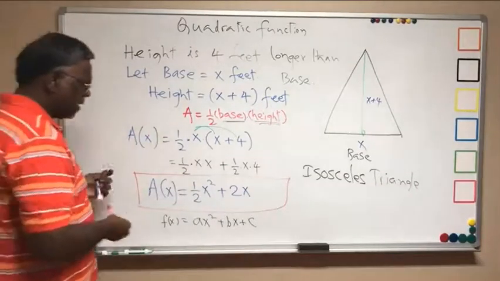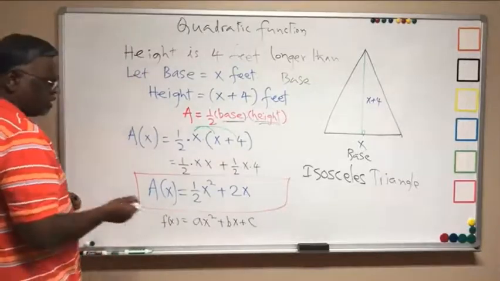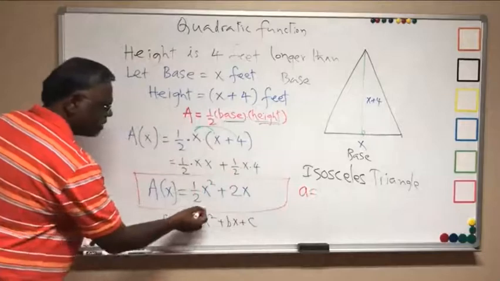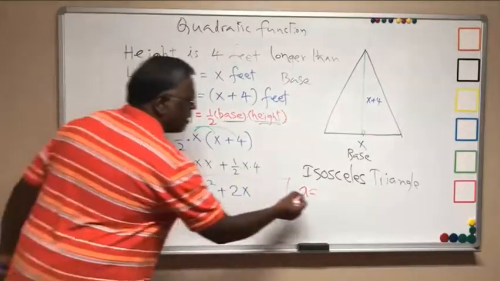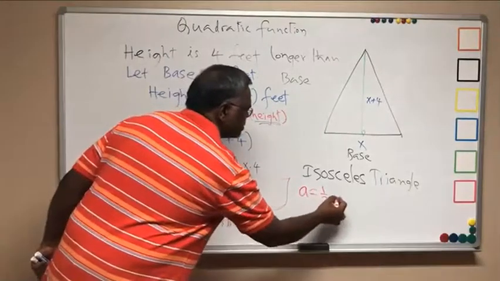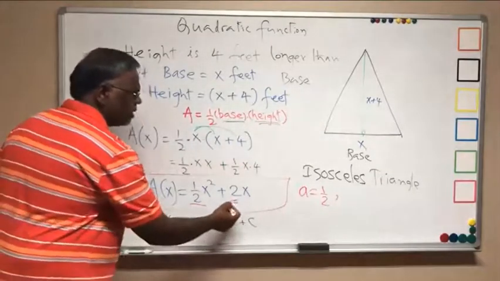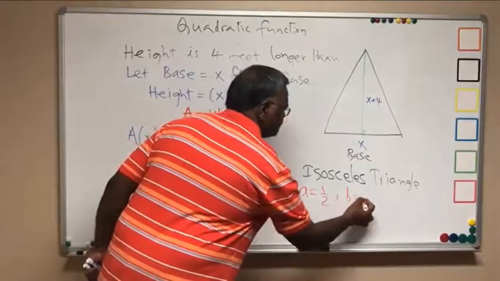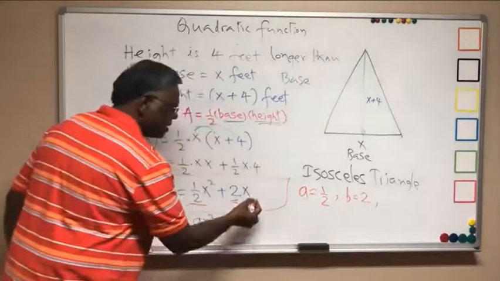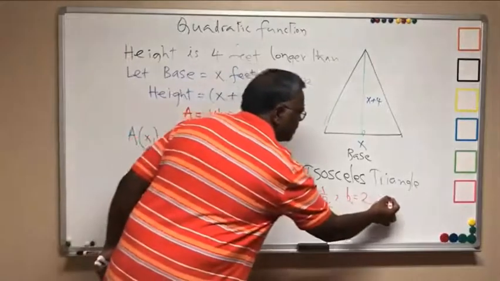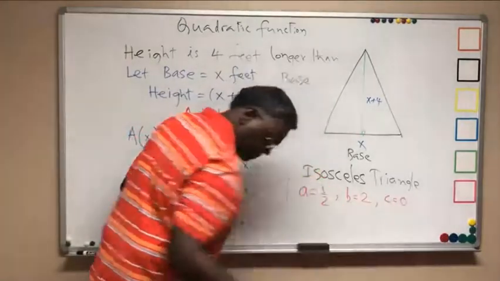Let us write down the values of a, b, and c. What is my a? a x squared, half x squared, so the value of a is 1/2. What is the value of b? That 2. And c, there is no c here, so the value of c is equal to 0.